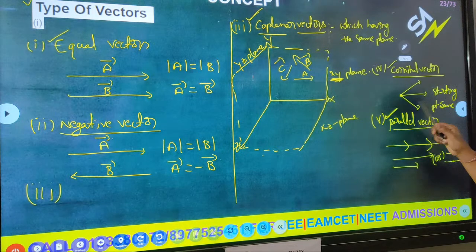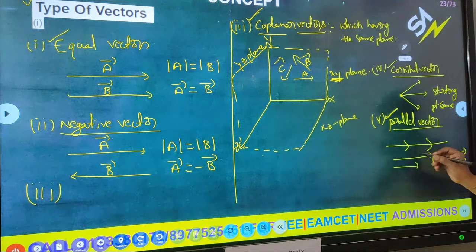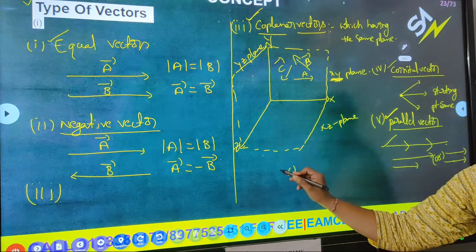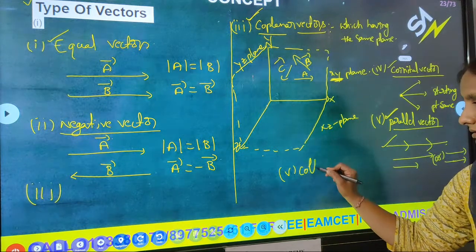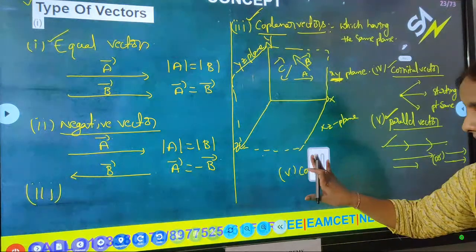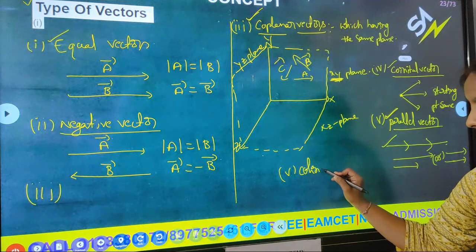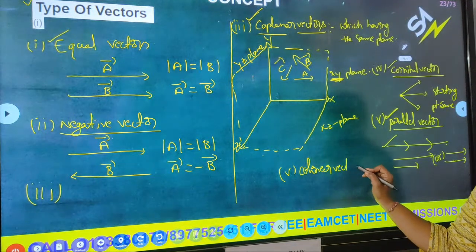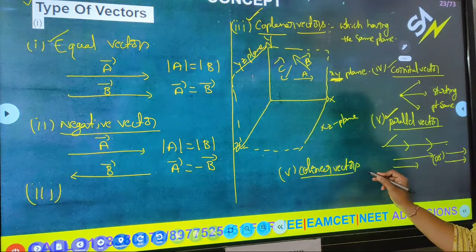That type of vectors are parallel vectors. And we can say the vectors which are in the same direction are collinear vectors or parallel vectors also.